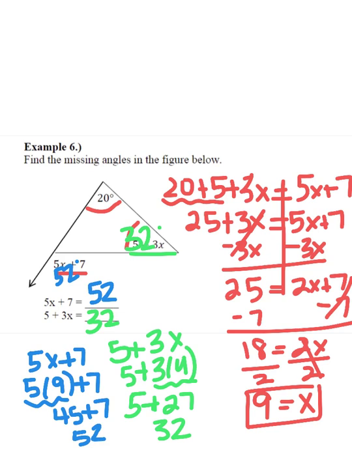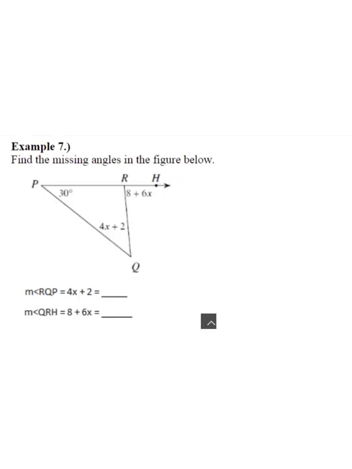This is definitely the easiest way to do this. Trying to solve the triangle first and then use that to subtract here is going to be way more difficult. In this case, adding the two remote angles to equal the exterior angle is definitely the easiest way.